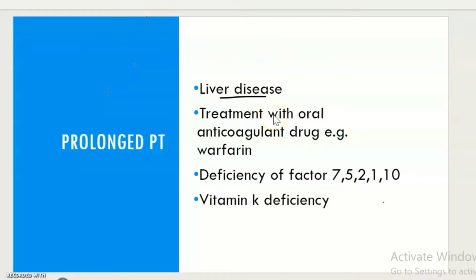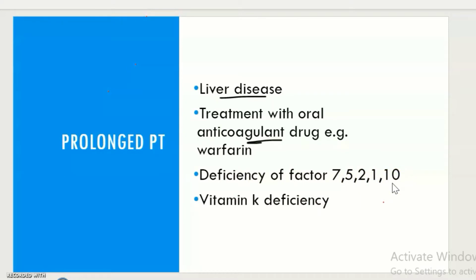The other reason is treatment with oral anticoagulant drugs, meaning that the person is taking blood thinning medicines. The third reason is deficiency of factors 7, 5, 2, 1 and 10.